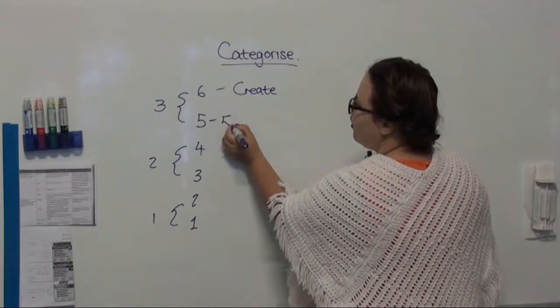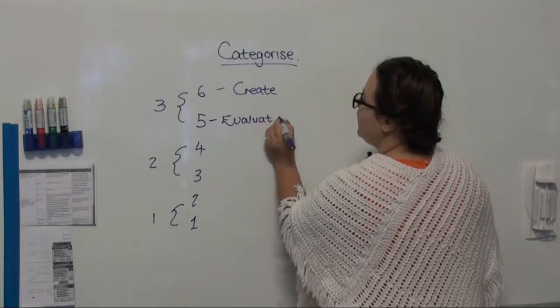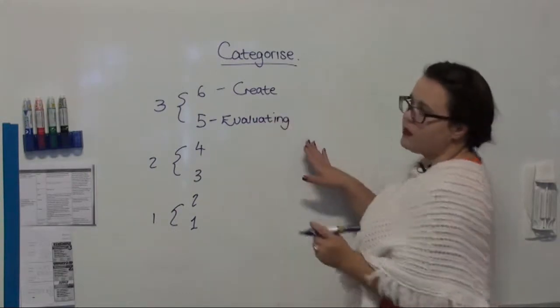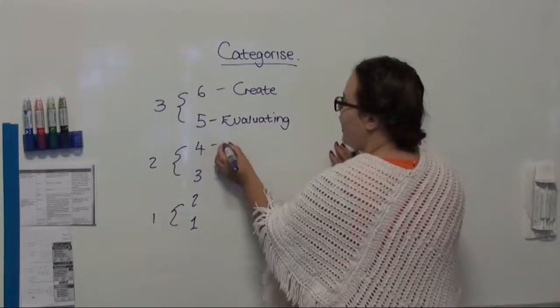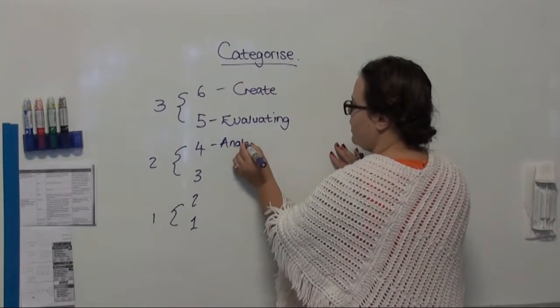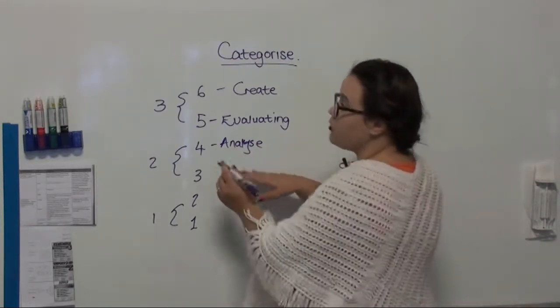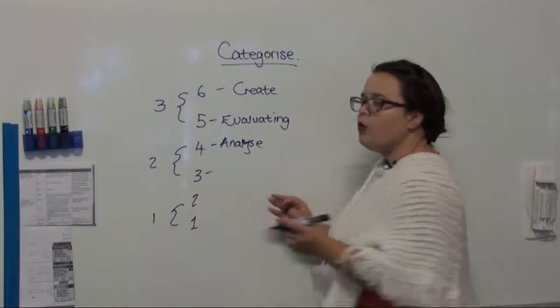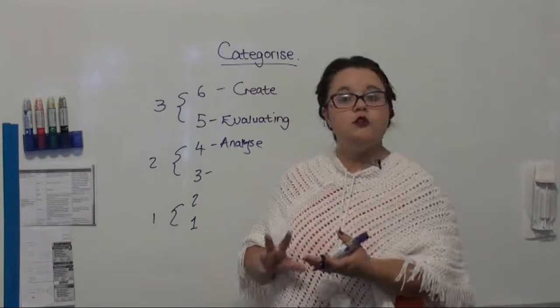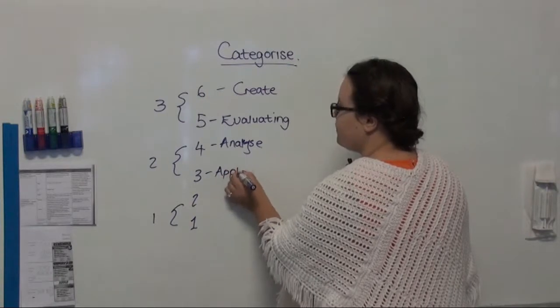Then, if you are evaluating, it would go at level number 5. If you are analyzing something, it goes at level 4. If you are applying your knowledge in a new situation, it goes to level 3.